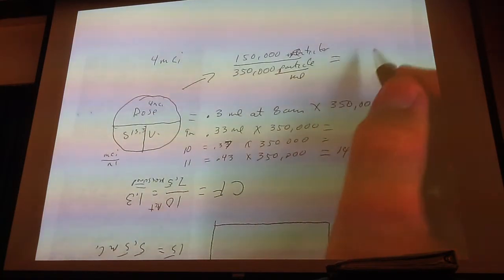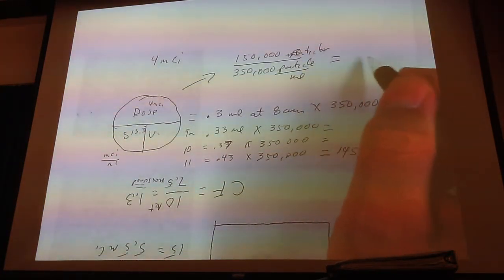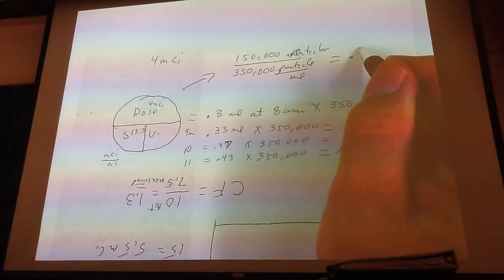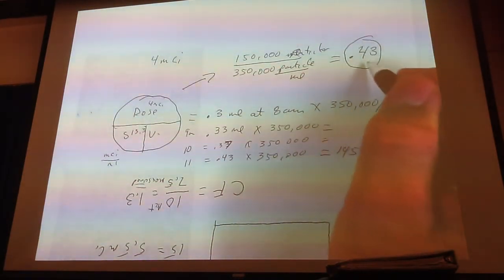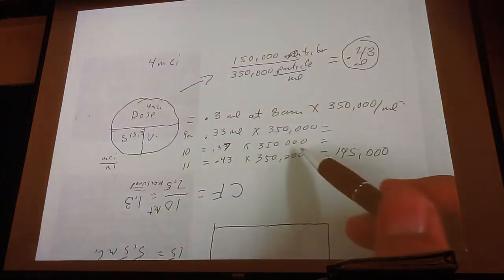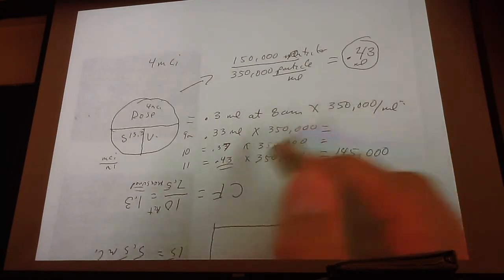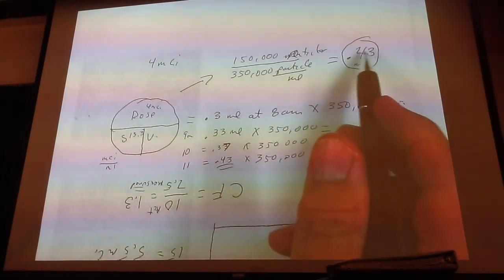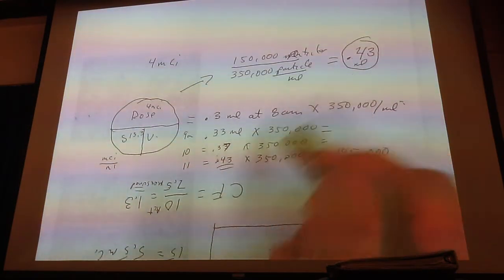It should be about 0.45. Is that what you get? 0.43. Okay. So as long as you keep doing this calculation and you get 0.43 or less, okay, once you exceed 0.43, then you're injecting more than 150,000 particles. Does that make sense?